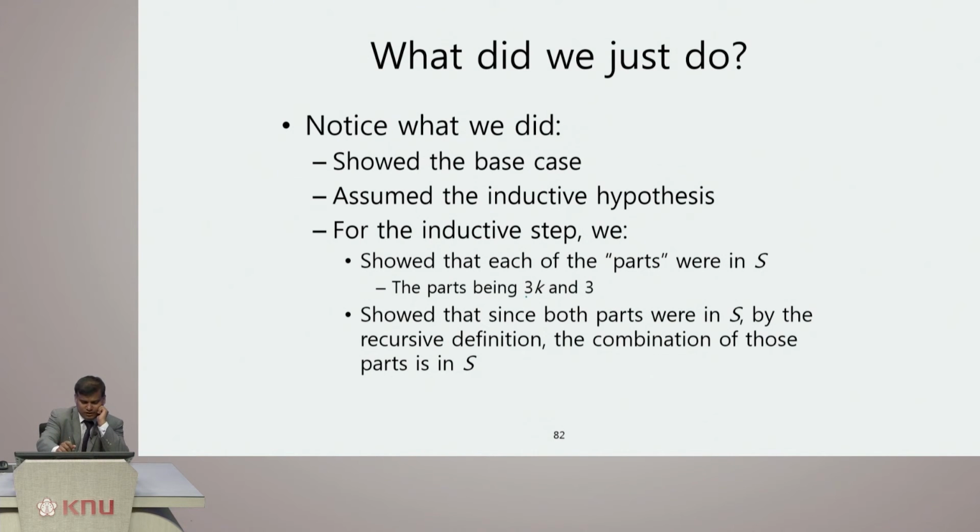So these are the two parts we had. We showed that 3k as well as 3 both are in S. By the recursive definition, the combination of those parts is in S.